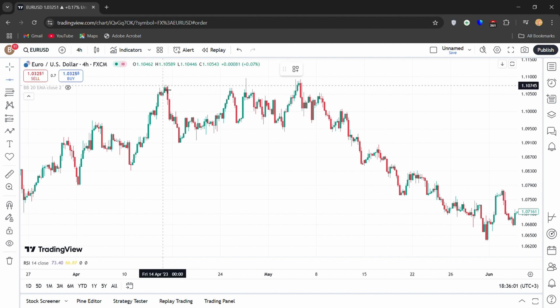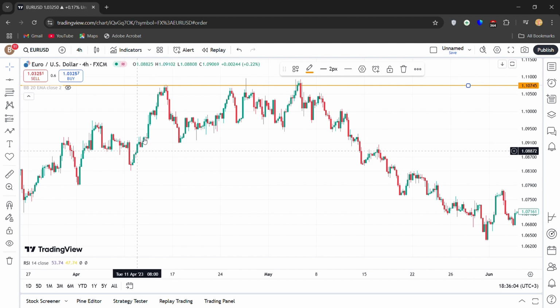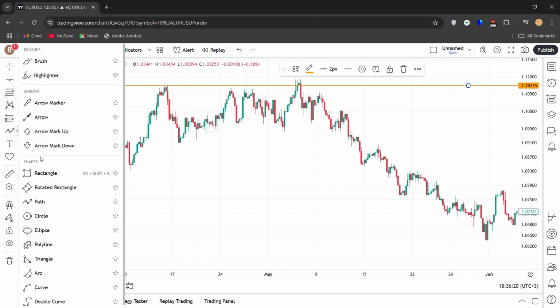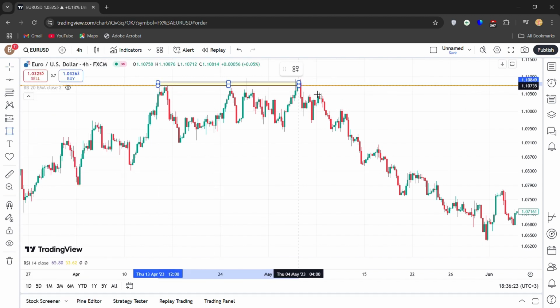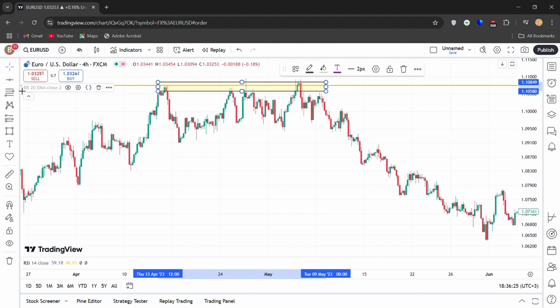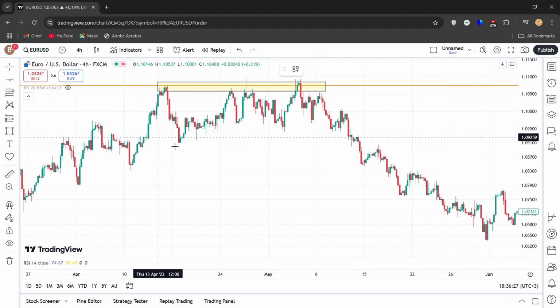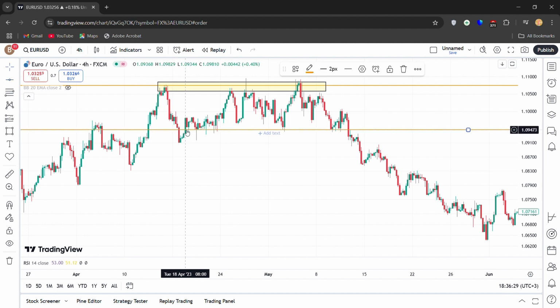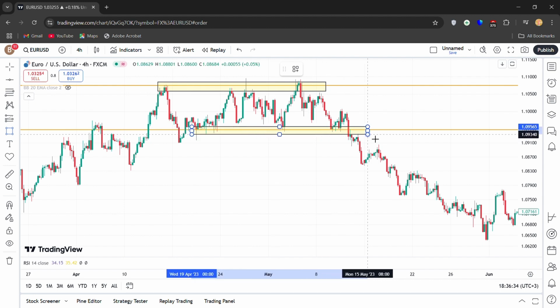This can be my swing high, because as you see, price came to this level but didn't break it, came down, then came to this level again and didn't break it, came down, and came back to this level but didn't break it. So the upper level is called the resistance level, where price has failed to break, and the lower level I can call the support level, where price has failed to break lower.